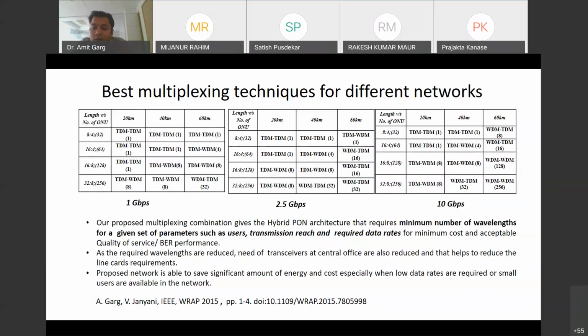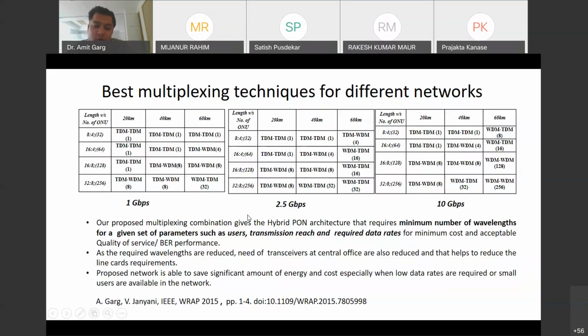We need to worry about this if we are operating at 10 Gbps, because at 10 Gbps the receiver will require more received power, and simultaneously we are moving from lower distance to higher distance. Then also we need to worry because the fiber losses are increasing. And at the same time, if we are moving from a lower network to a higher network, then we also need to worry.